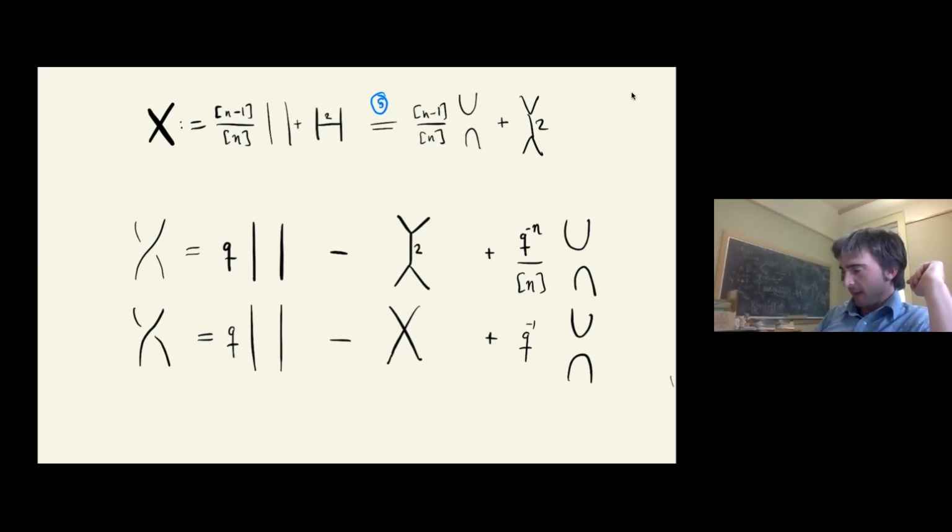If k plus 1 is 2, k minus 1 is 0. So in this special case where you have a 2 labeled rung here, you get the identity. And it gives you a relation where I have something on the left-hand side and something on the right-hand side, and I can rotate the left-hand side by using these cups and caps, and then I get whatever I have on the right-hand side.